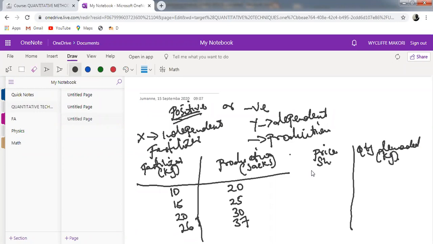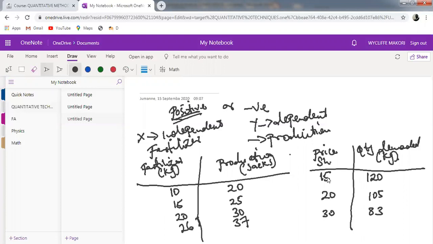When the price is maybe 15 shillings, consumers are willing to buy maybe 120 kgs. When the price goes up to 20 shillings for that particular item, the consumers are only willing to buy maybe 105 kgs. When this one goes up to 30 shillings, they are able to buy maybe 83 kgs.